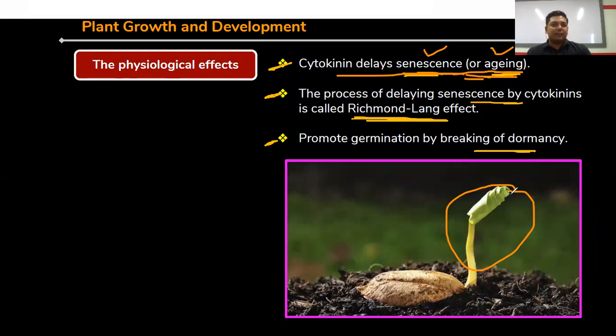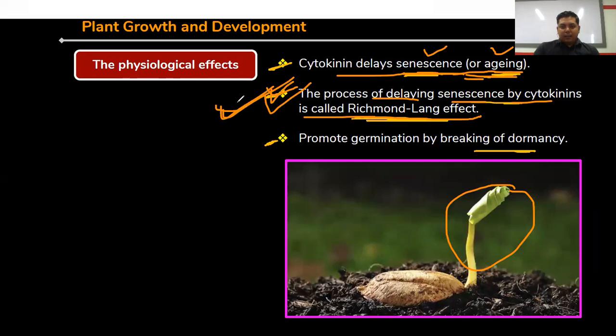Then the human body dies. This is called aging or senescence, and this process is common throughout the whole living system. The process of delaying senescence by cytokinin is called the Richmond-Lang effect.